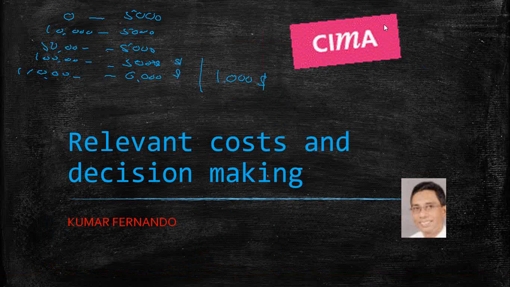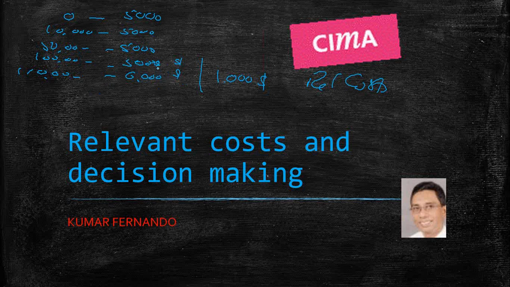So what I was telling you was, when you go from 100 to 110, I pay you $1,000 extra, and that is what we call the relevant cost. So it's a future promise, a future thing. Let's assume I don't promise you, I just pay you 6,000 and say, Sam, now you have done so well, so I'm going to give you 6,000 and I expect you to sell 110, 120.